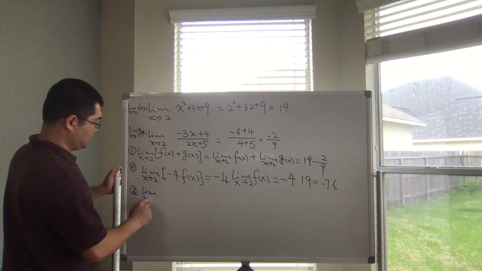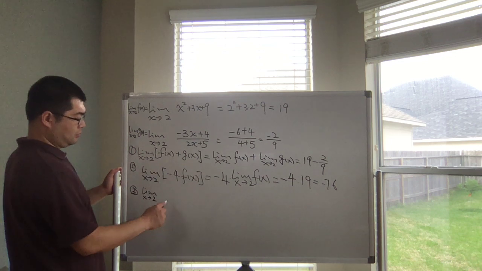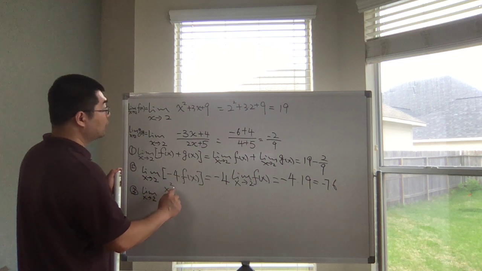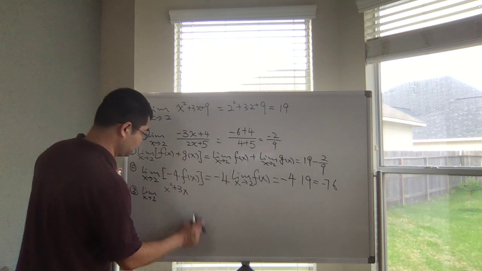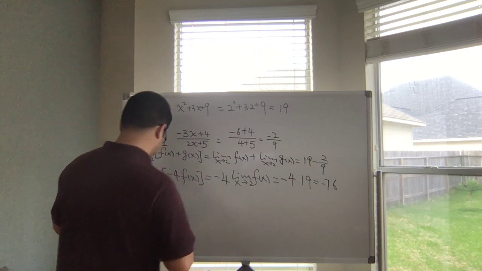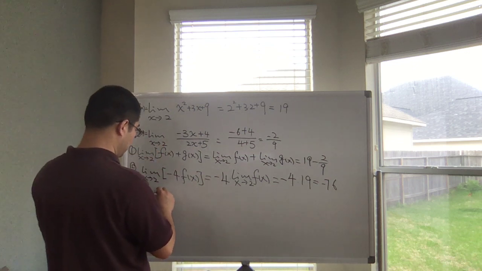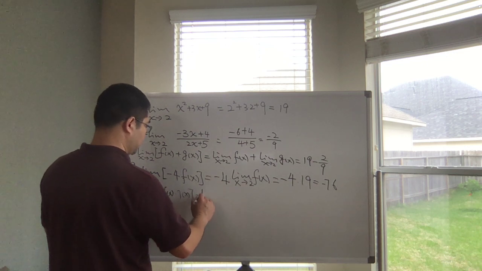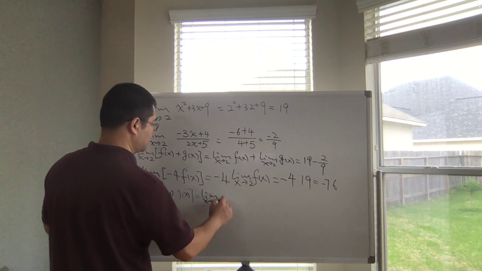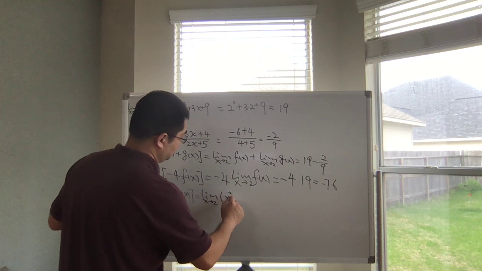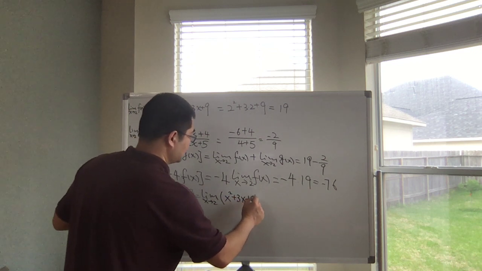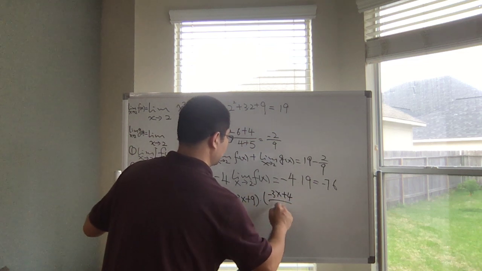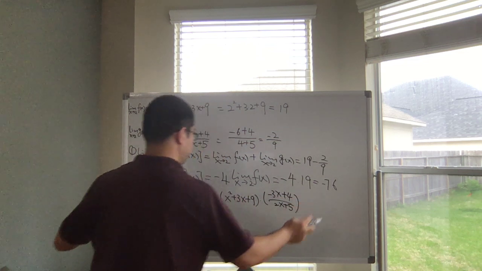Now let's do this one. I'm trying to write the limit as x approaches 2 of f(x) times g(x), which is x squared plus 3x plus 9 times negative 3x plus 4 over 2x plus 5.